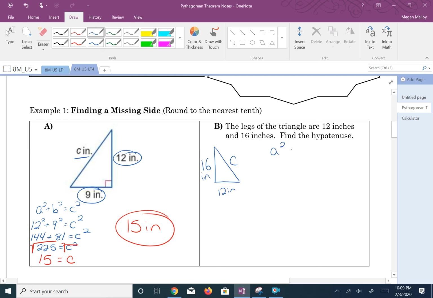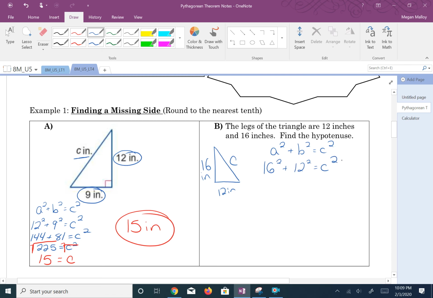So we'll use the same formula, a squared plus b squared equals c squared. So again, it does not matter which value I substitute for a and which value I substitute for b.